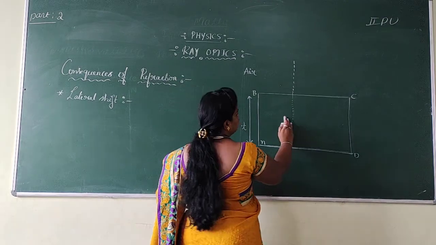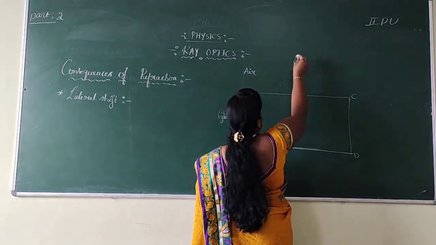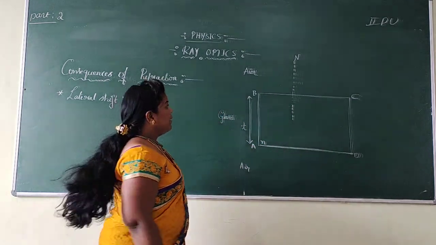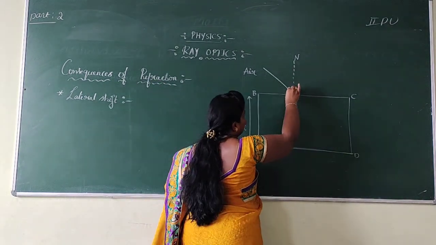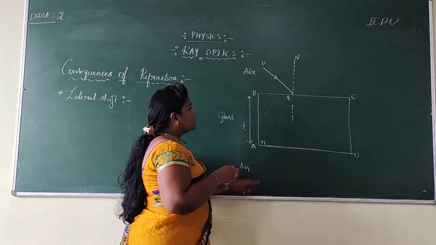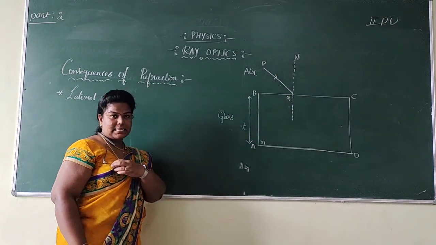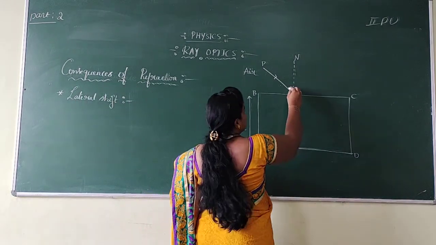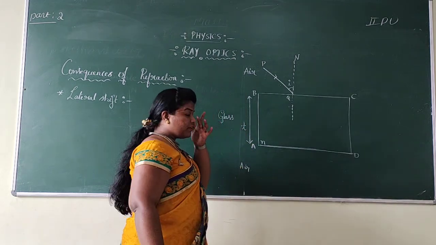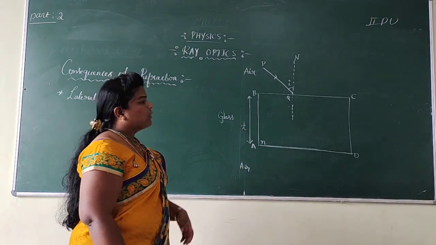This is a normal, and let us name it N. Now let us make a ray of light PQ incident on one side of the parallel sided glass slab. The angle between the normal and the incident ray is the angle of incidence I.